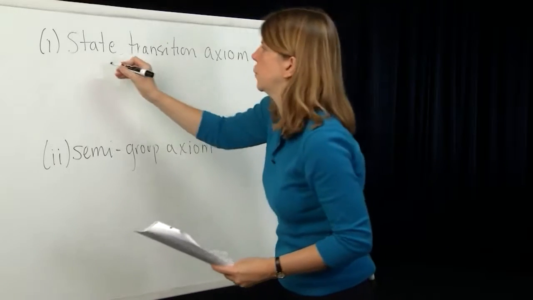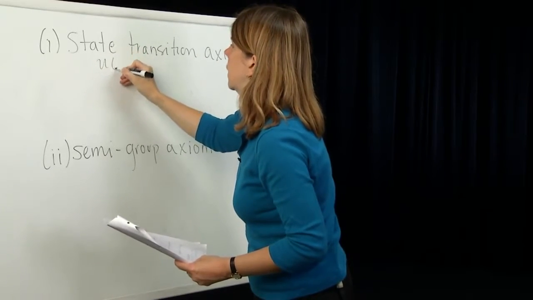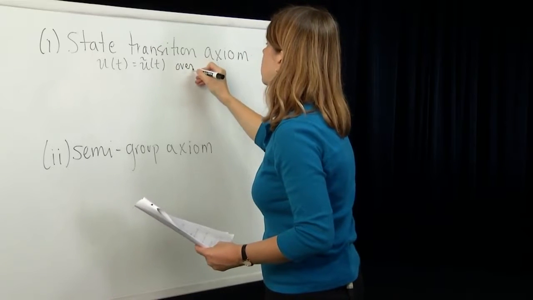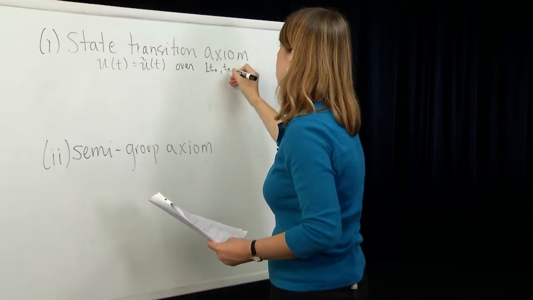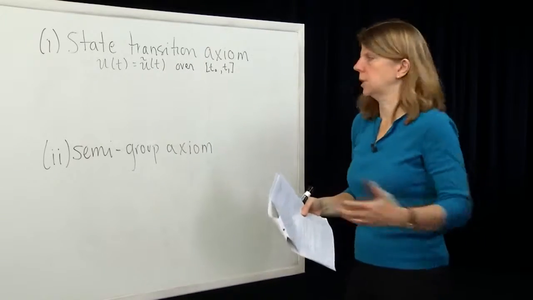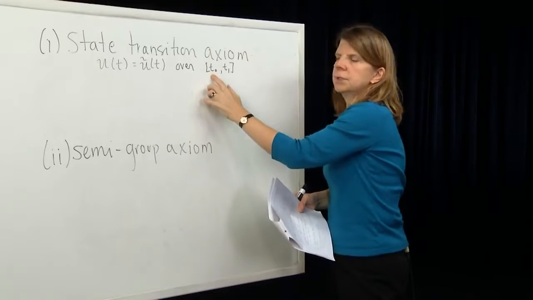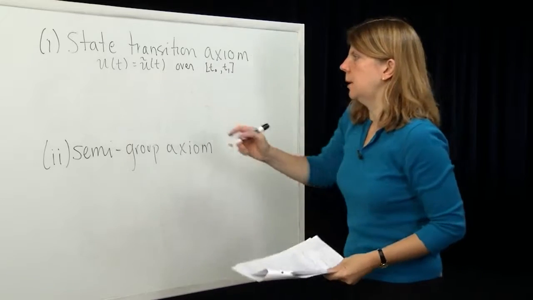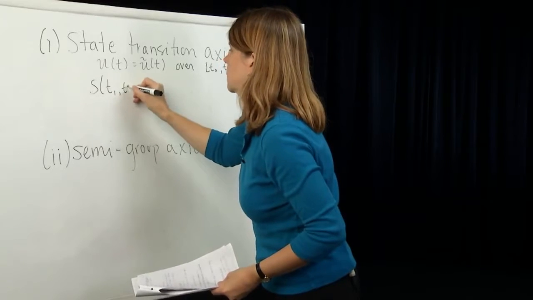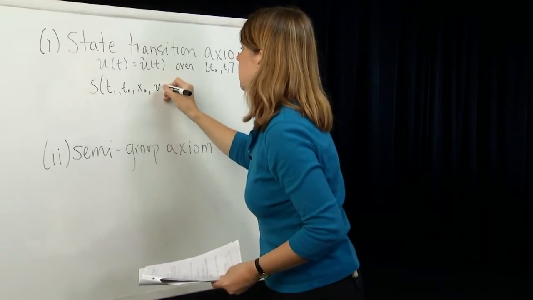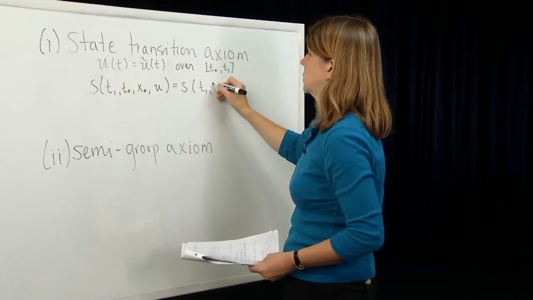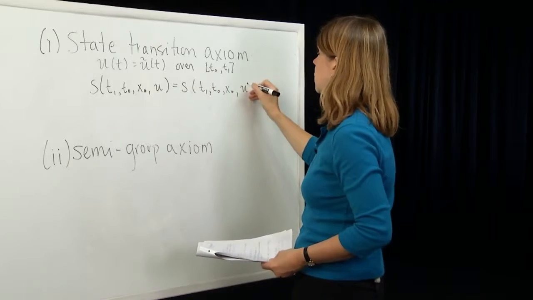So if you have 2 inputs, u and u tilde, and u is equal to u tilde over some time interval t0 to t1, even if those inputs are wildly different from each other before t0 and after t1, then the state transition function ending at time t1, starting at time t0 with initial state x0 using u, will be the same as the state transition function at time t1, starting at time t0 with initial state x0 using input u tilde.